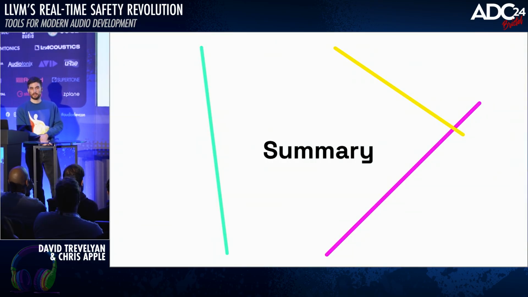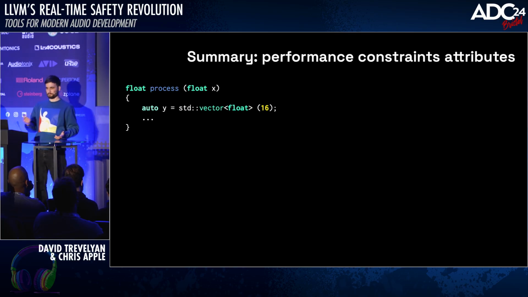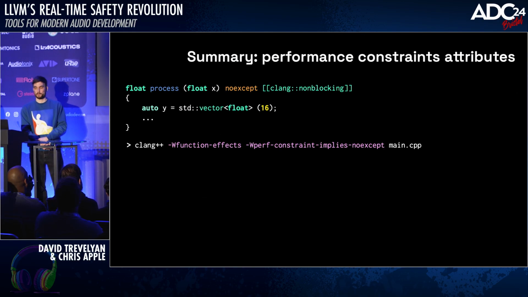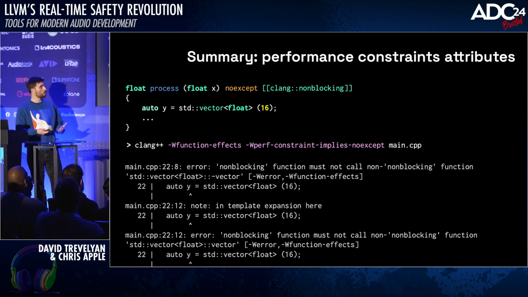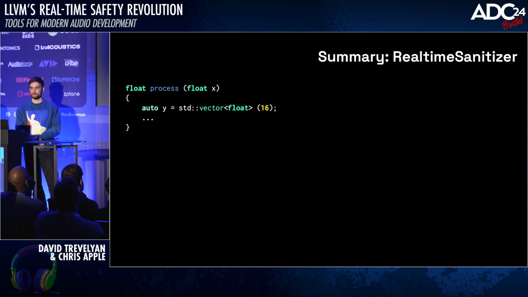Okay, I think it's about time we wrapped up the talk. We've actually made pretty good time. How do you use performance constraints attributes? Well, it's very straightforward. You attribute your real-time functions, compile with these warning flags, and be warned when you try to do bad stuff in your real-time functions. RealtimeSanitizer, again, very similar.